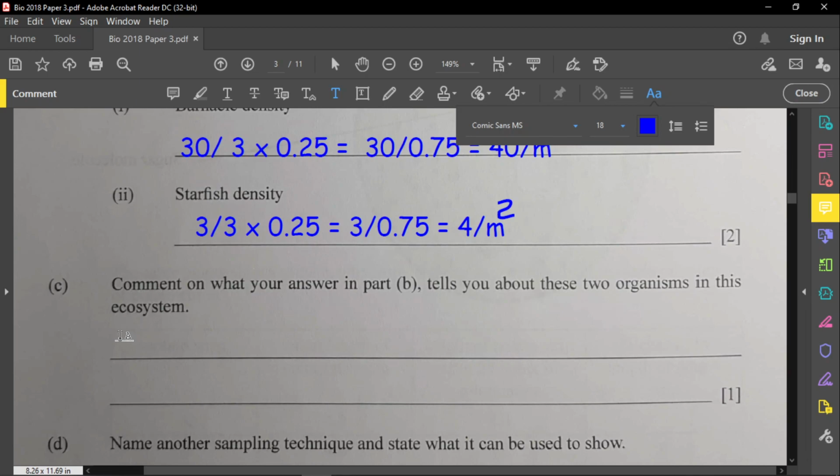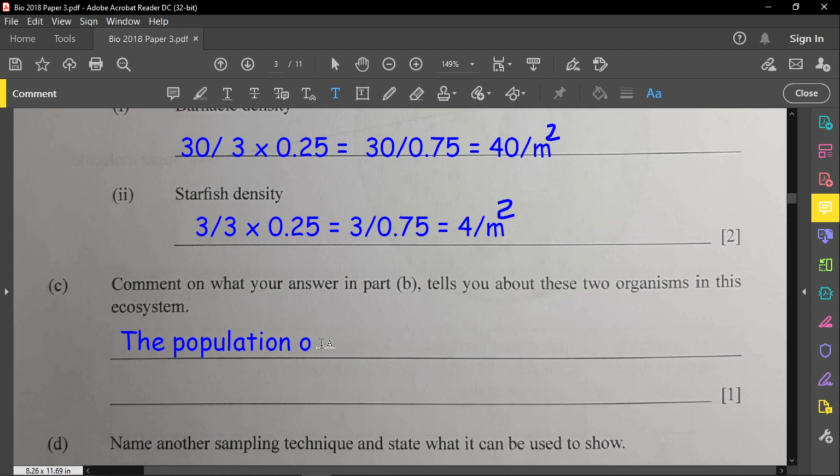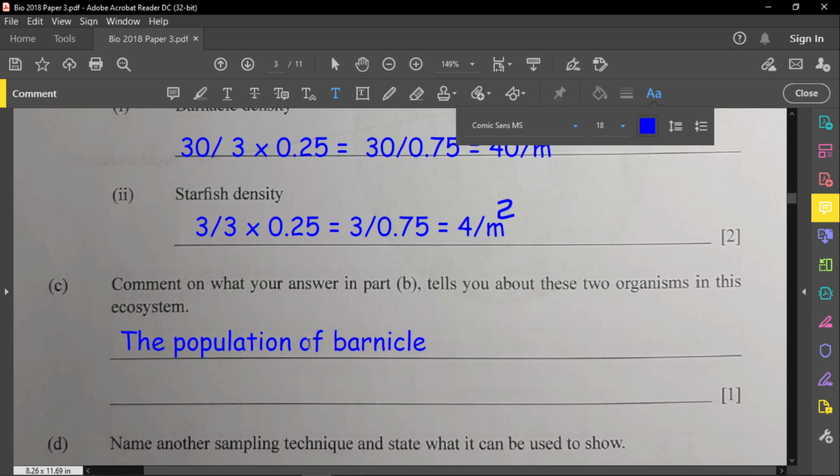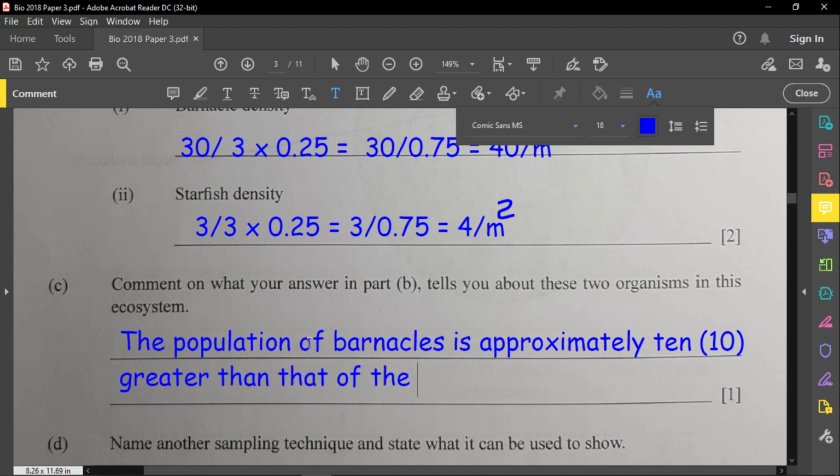The population of barnacles is approximately 10 times greater than that of the starfish.